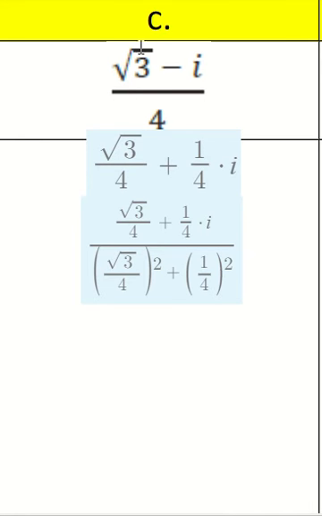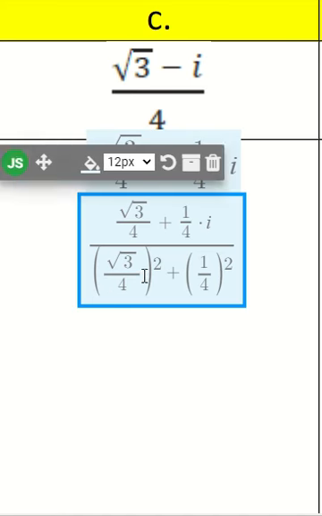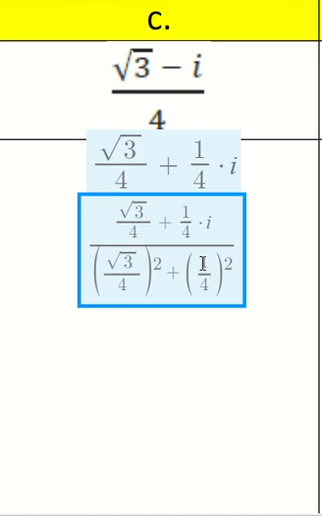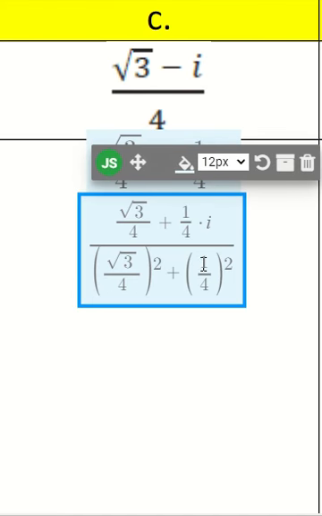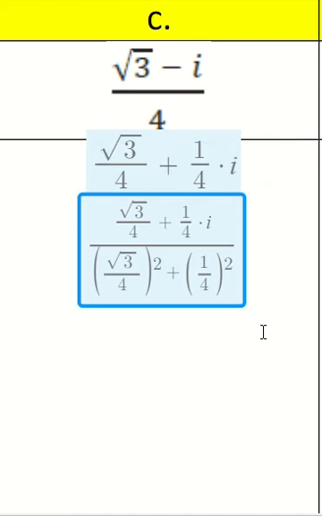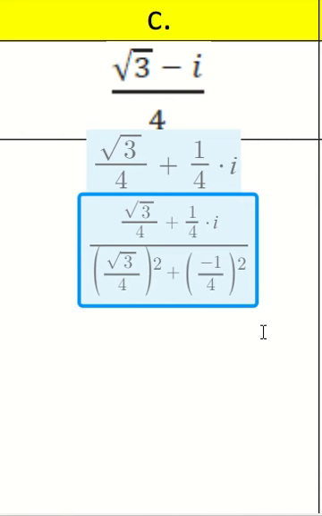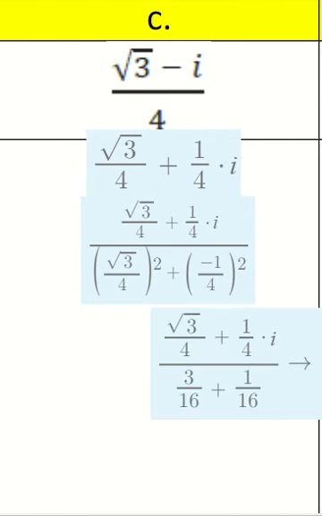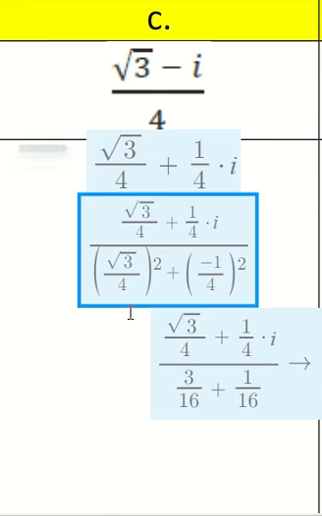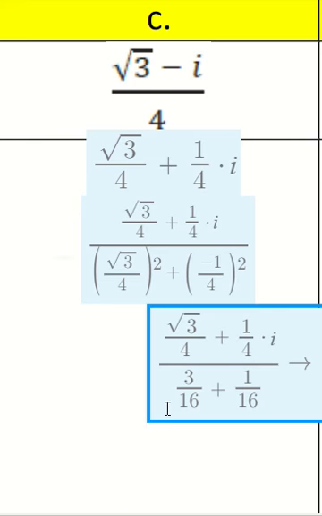So our a squared is radical 3 over 4, and we're going to square that. Our b squared is negative 1/4. Now, when we go through and calculate that, when I square the 4, I do get over 16.